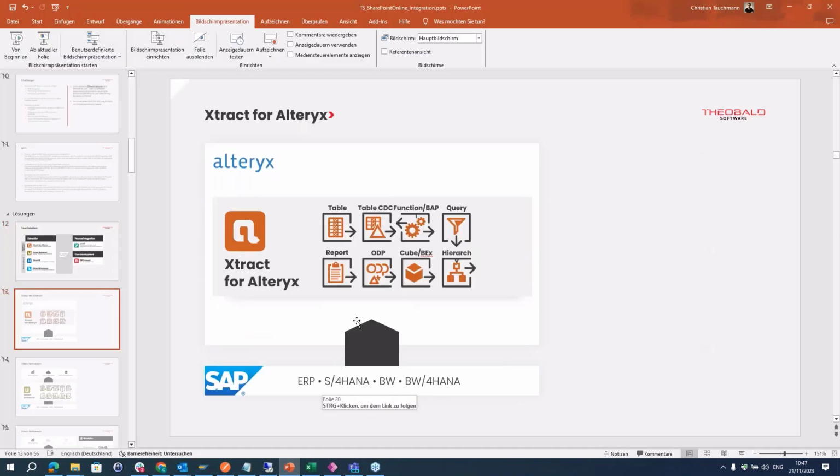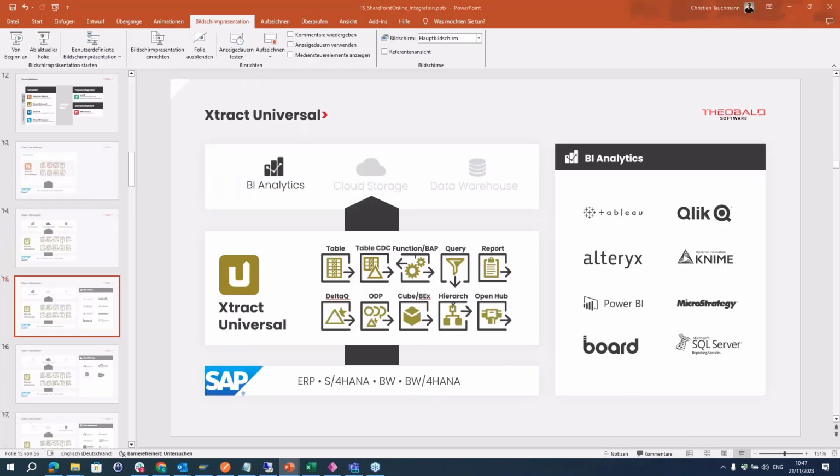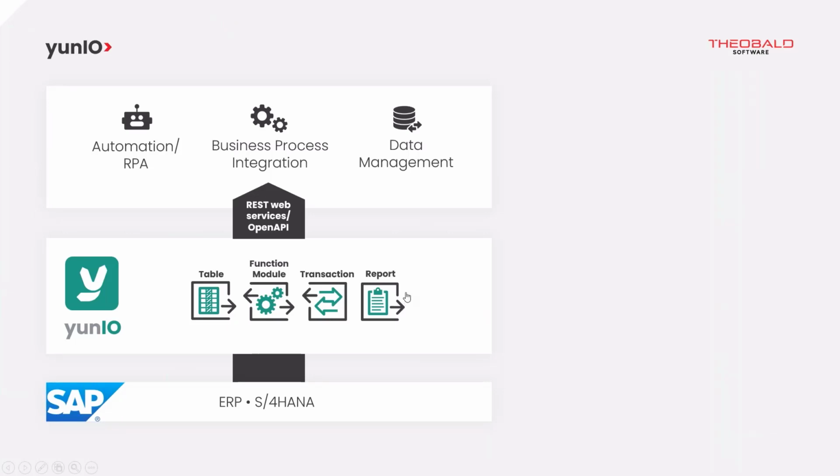Maybe one slide here for a better understanding. Unio is also an on-premises solution, which is installed on a server environment. Access is more or less the same as for ERP Connect services. It's via REST, it's via RFC.